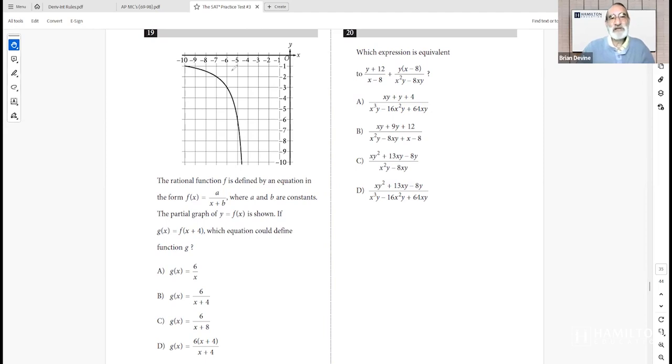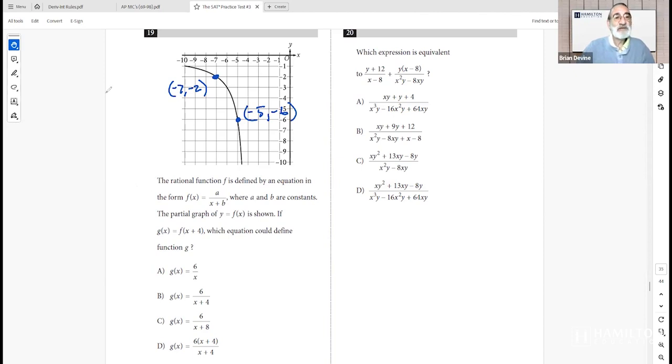But what if I didn't realize that? Well, I'm going to use a couple of points on the graph. There's two that are evident. I've got -7, -2, and I've got -5, -6. And I'm just going to plug those into the description of f of x.